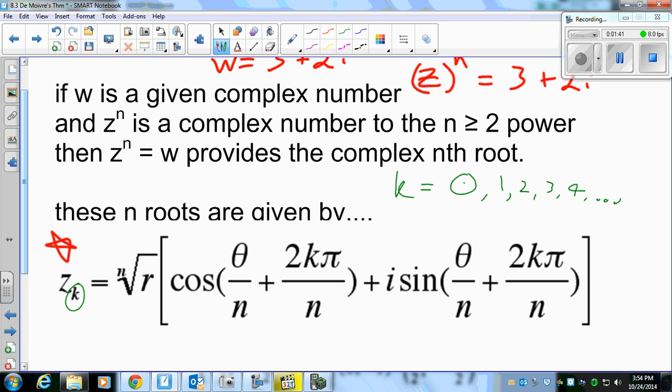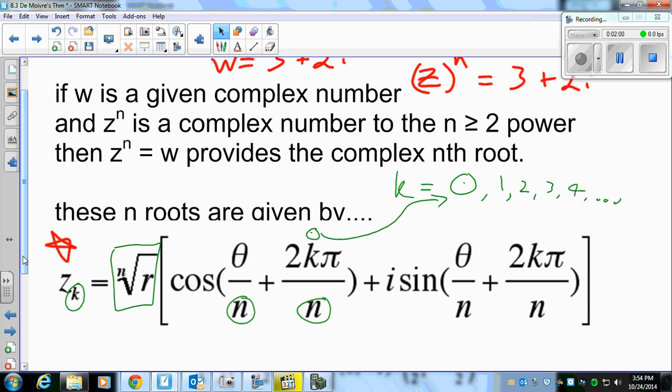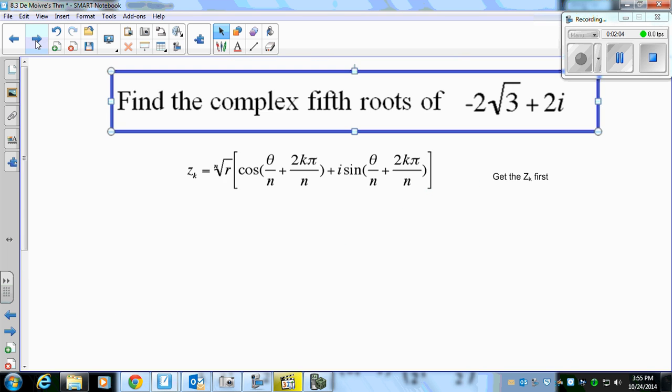First we take the nth root of whatever our r value is, and then go through our equation, n being the number of roots. k will start off at 0, and it will follow suit for the sine as well. So let's look at an example of finding roots of complex numbers.